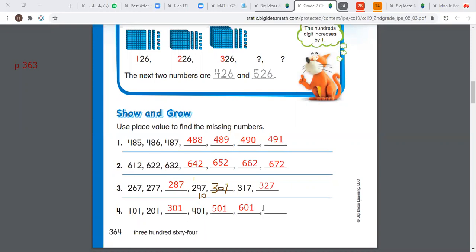That's right. What's the next one? 701. That's right. My lovely boys, pay attention. We have the same tens and the same ones, but we increase the hundreds digit. Here 100, 200, 300, 400, 500, 600, 700.